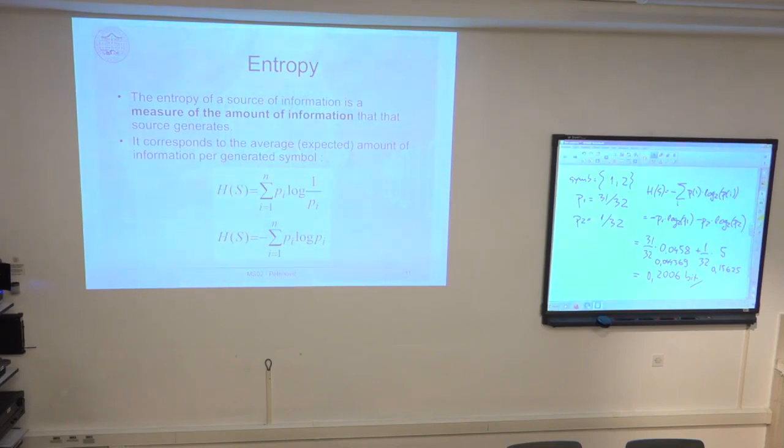That shows that the entropy is a lower bound of the average coding length per symbol. We cannot encode this source with any shorter average code length than the entropy.